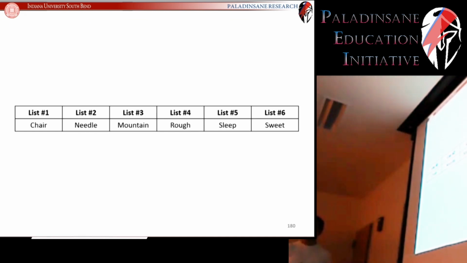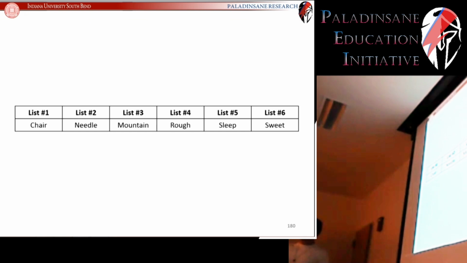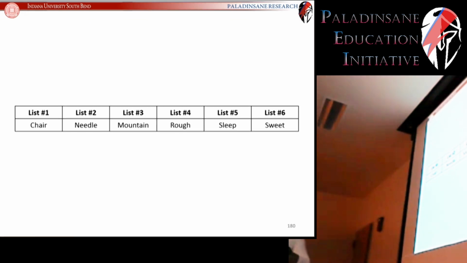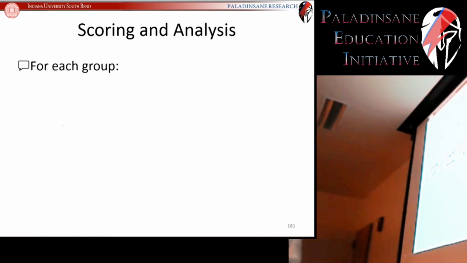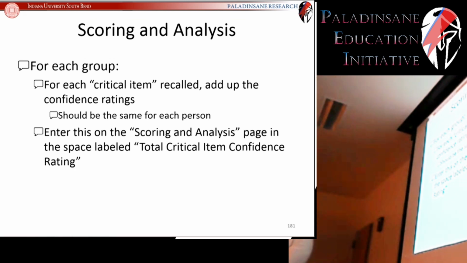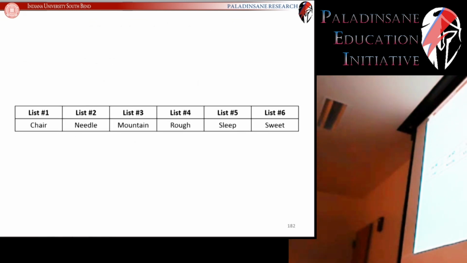All right, so you're either going to have a score of 0 if you didn't produce any false memories, all the way up to a score of 6 for those false memories. And then just because this won't take very long at all, I'll just let you also know that we're going to total up the confidence levels for those false memories as well. So once again, identify the false memories and then total up the confidence level for that.